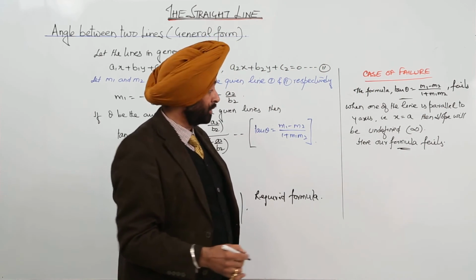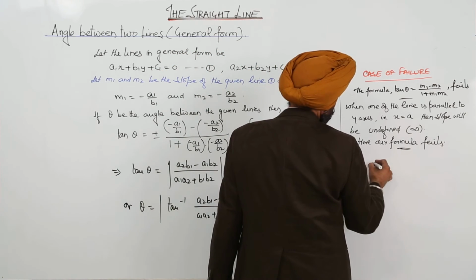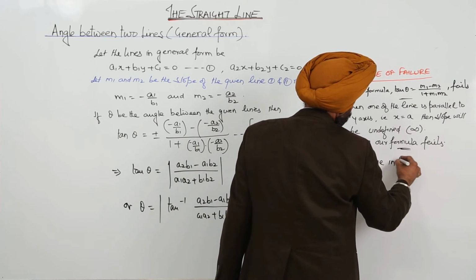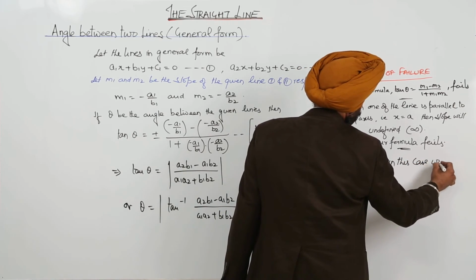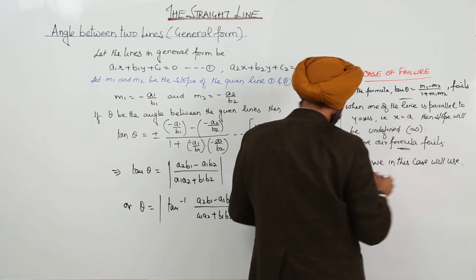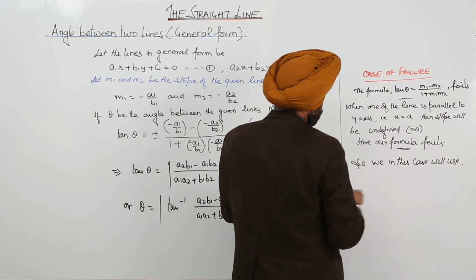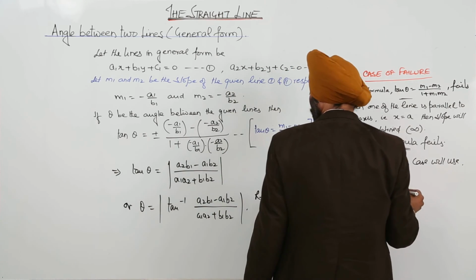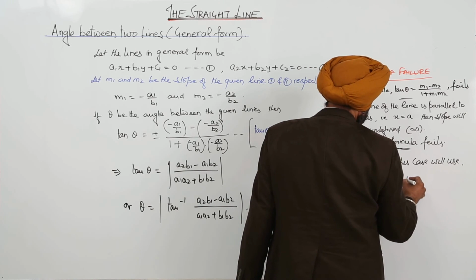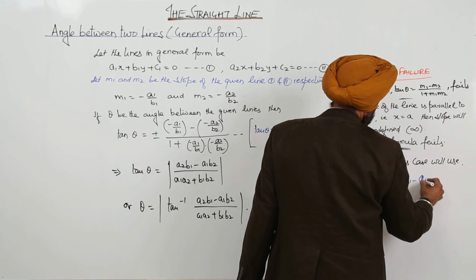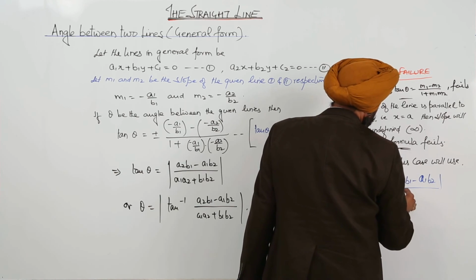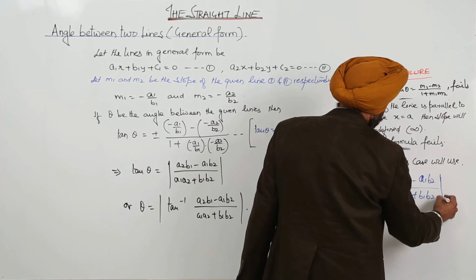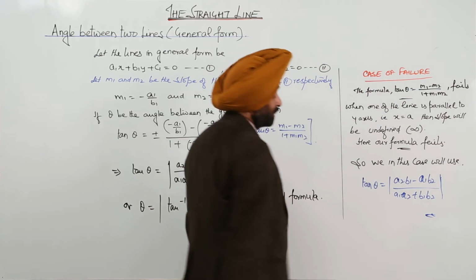So in this case we will always use tan theta is equal to a2 b1 minus a1 b2 upon a1 a2 plus b1 b2. So always we are using this formula for it. Is it clear?